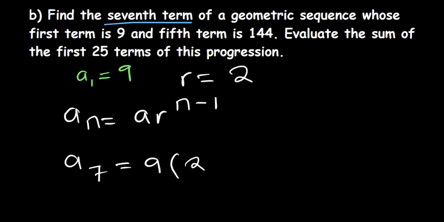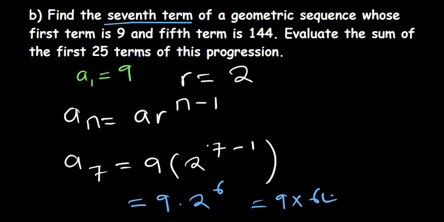What's n? 7, so 7 minus 1. You end up with 9 multiplied by 2 to the power 6. Now what is 2 to the power 6? That's 64. So 9 times 64 is 576.